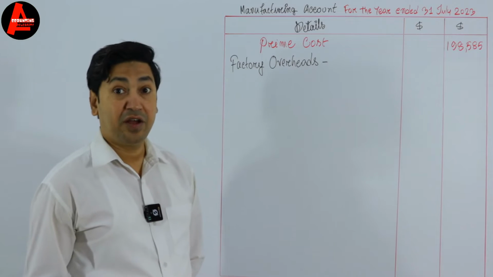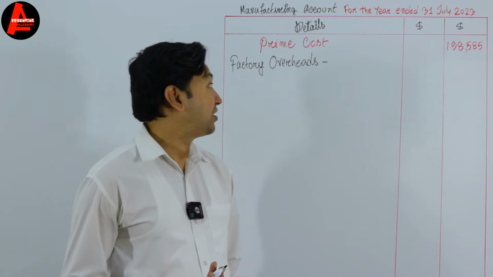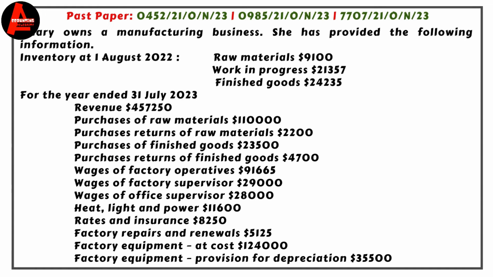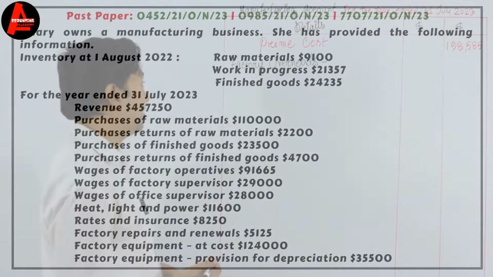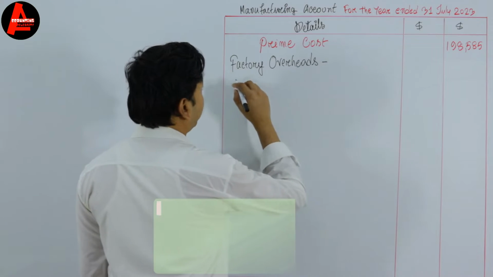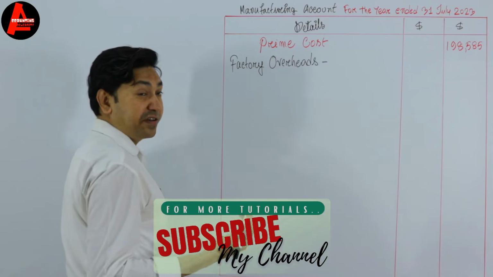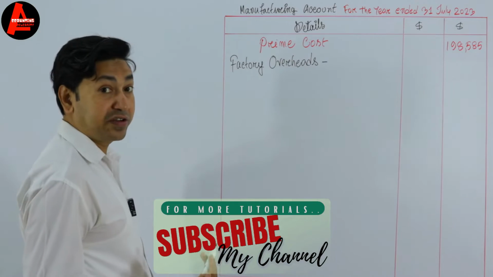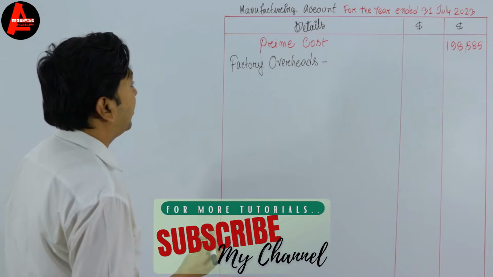Here we have many items which are related to factory overheads. The first one we see is wages of factory supervisors. It is $29,000. It is actually indirect wages, and indirect wages are factory overheads.